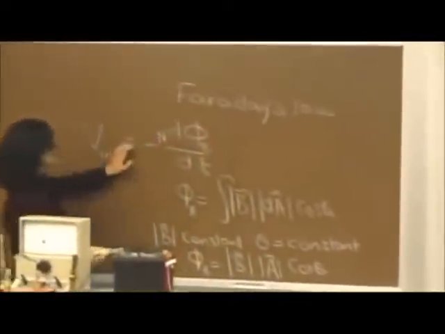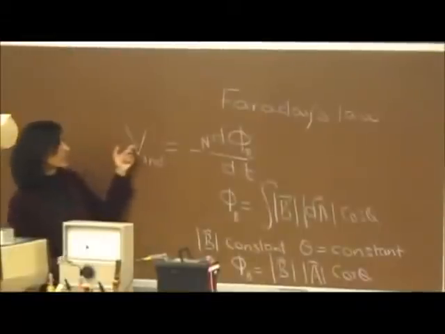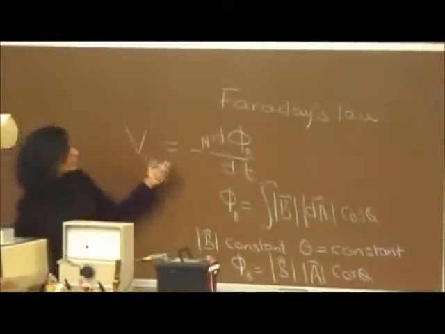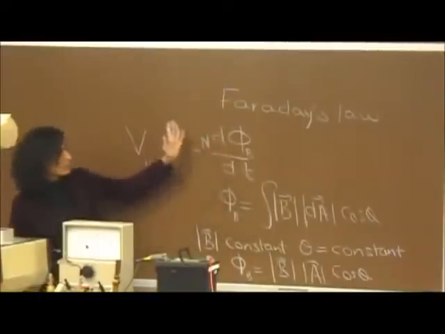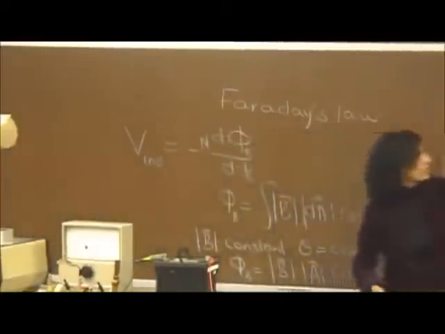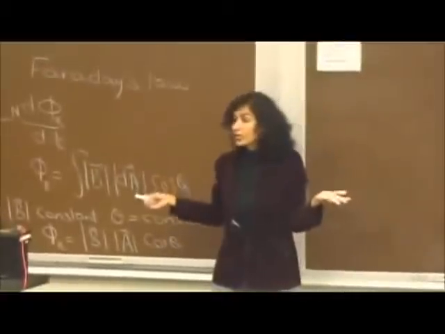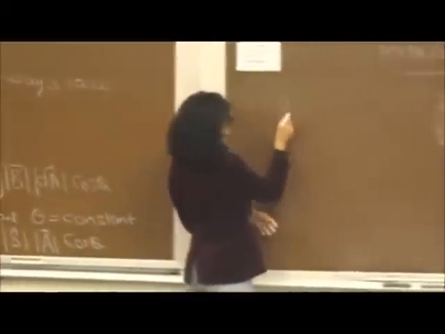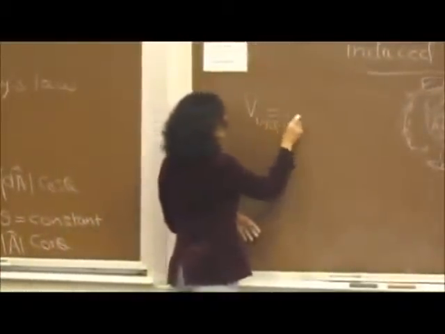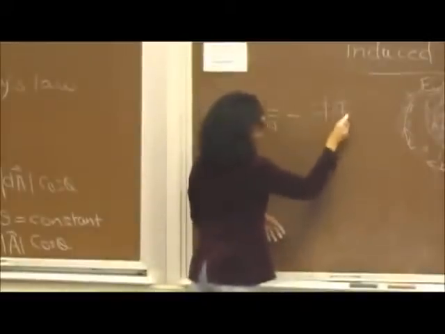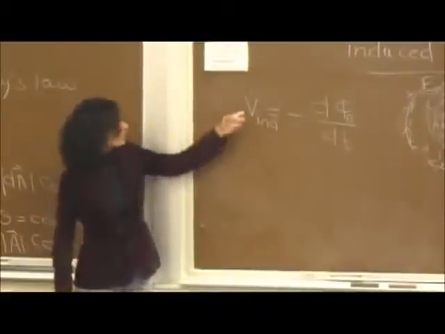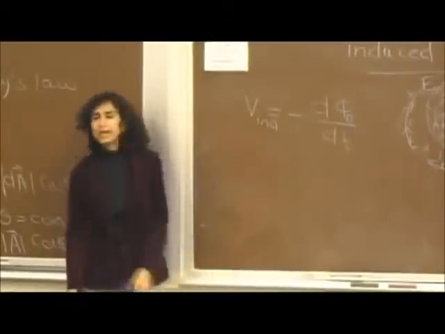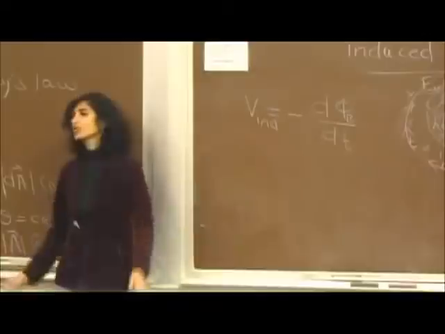Now, here is the thing. From Faraday's law, we know this. We know that the induced EMF should be equal to minus n d phi over dt. Let's not worry about n right now. Let's assume that there's just change in the flux. So basically what we have is that induced EMF is minus d phi over dt. This is Faraday's law. But I want to be able to put this induced EMF in terms of induced electric field.